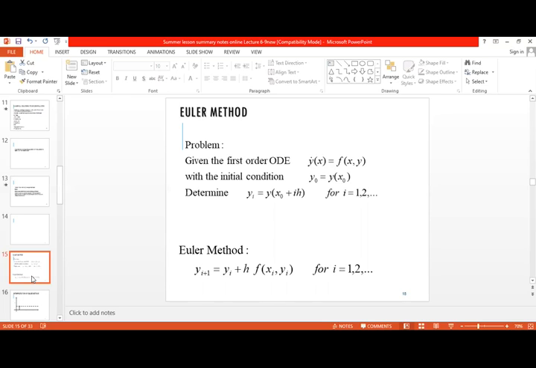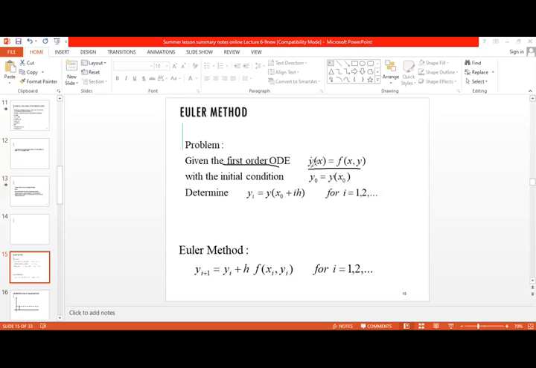Now, we're told that given the first order differential equation y prime of x, which is f of x, y.